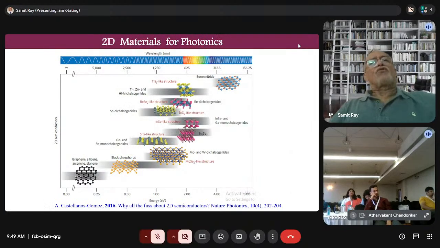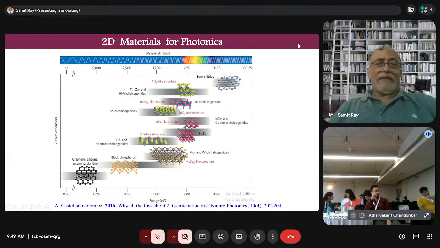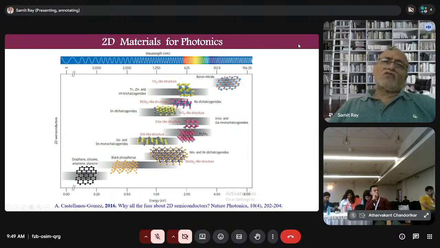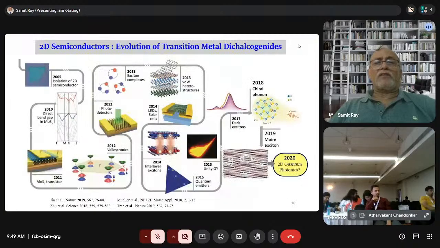Ideally, you can make sources with them. Depending upon the material, you can have something from the near infrared to ultraviolet, with a lot of transition metal dichalcogenides like MoS2, WS2, tin sulfide, tin selenide, covering all the wavelengths. So this is a very good material system for photonic devices.